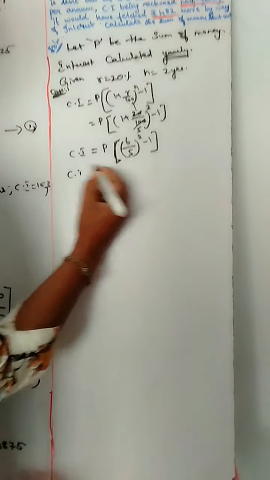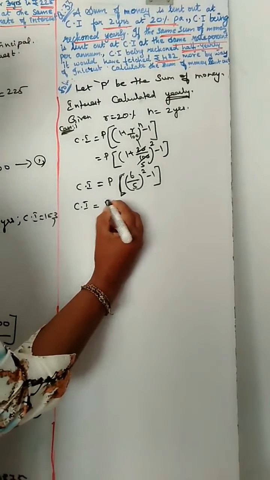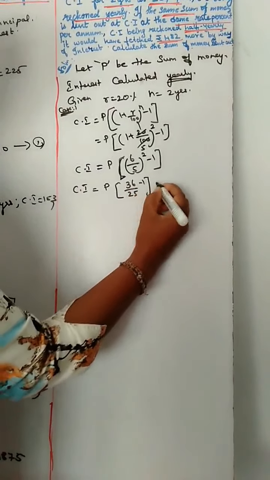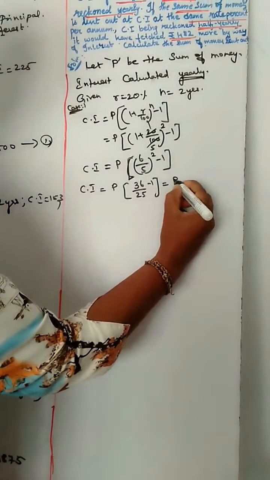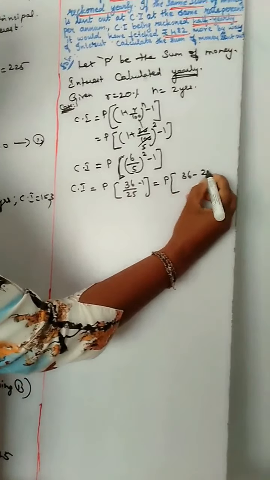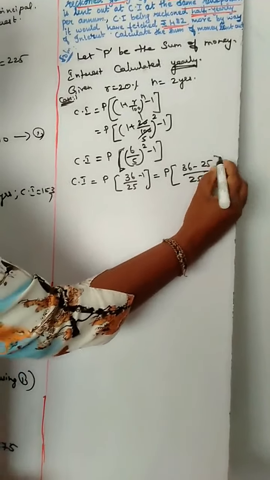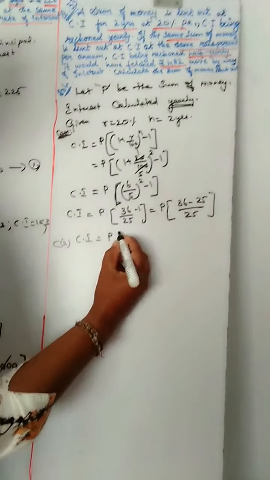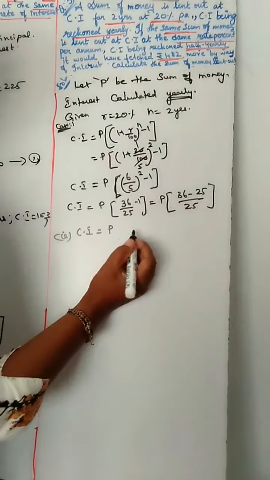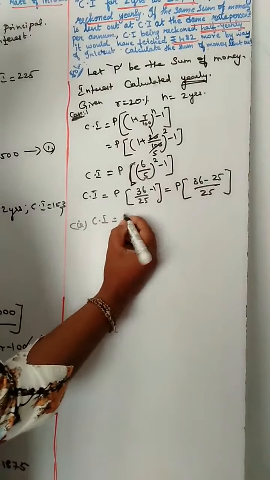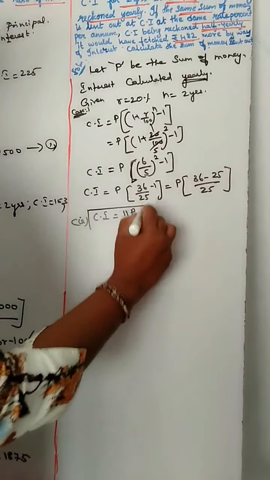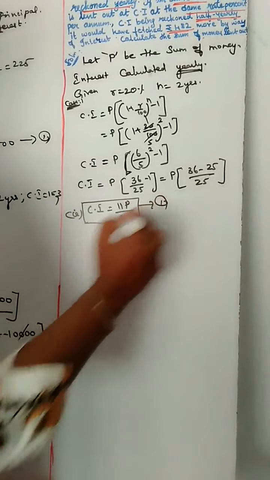That is CA is equal to P bracket 36 by 25 minus 1, which is equal to P of 36 minus 25 by 25. That is CA is equal to P 36 minus 25 means 11P by 25. Assume this as 1.